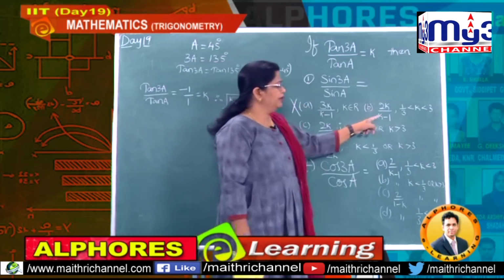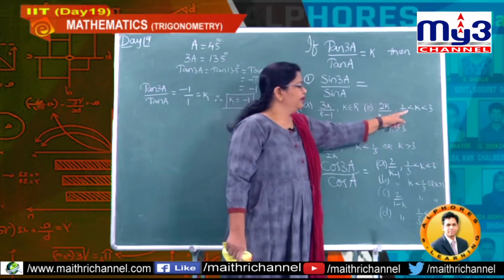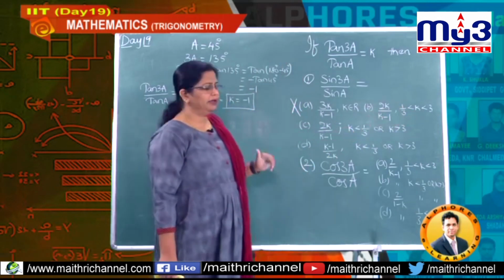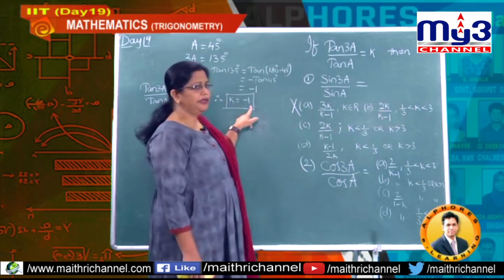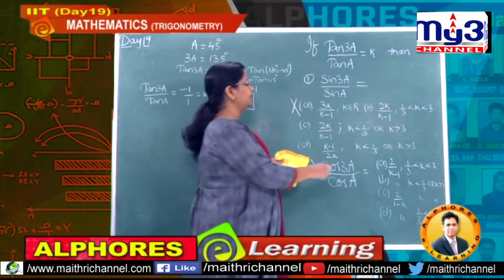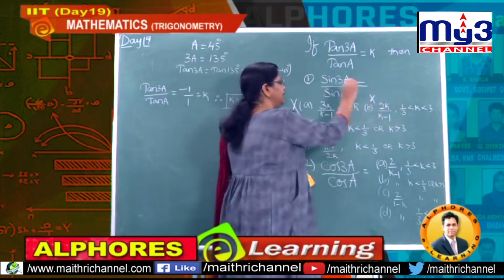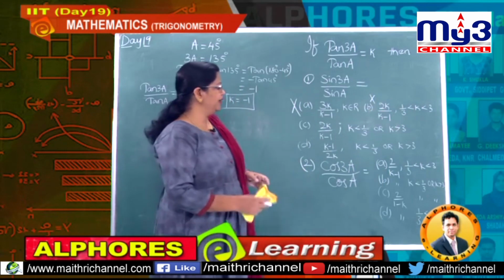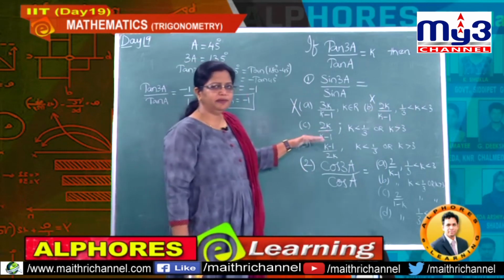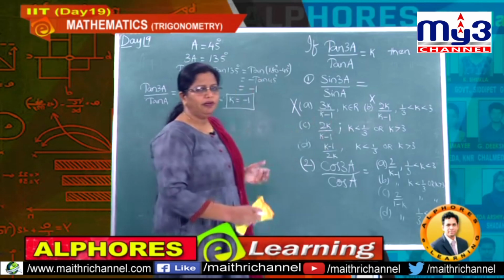And what about the option where k is between 1 by 3 and 3? But the k value you got is minus 1, which implies this is also wrong, right. And what is left? K less than 1 by 3.